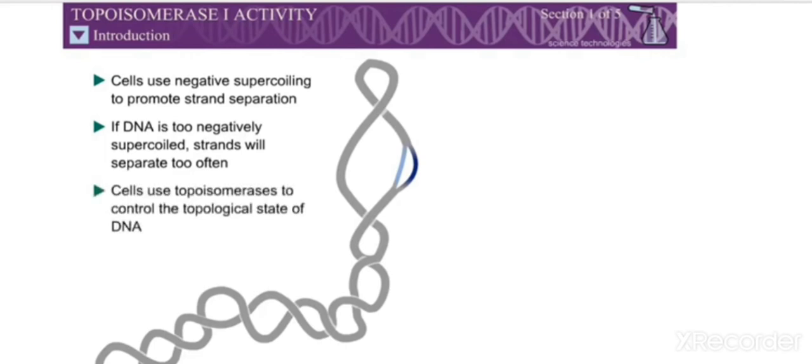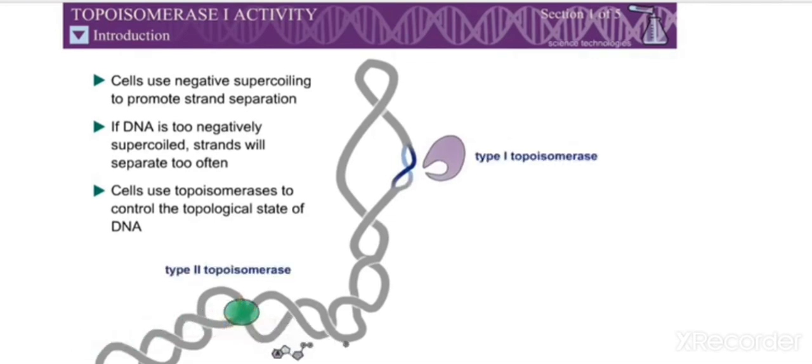The topological state of DNA is controlled by a class of enzymes called topoisomerases. Topoisomerases are divided into two broad classes, type 1 topoisomerases and type 2 topoisomerases.